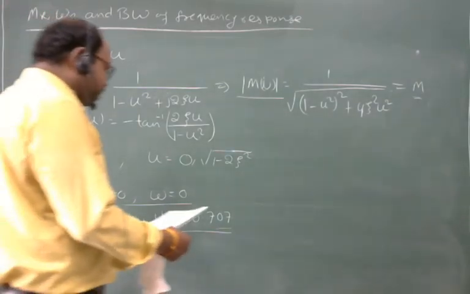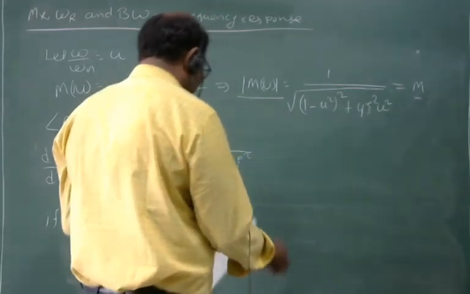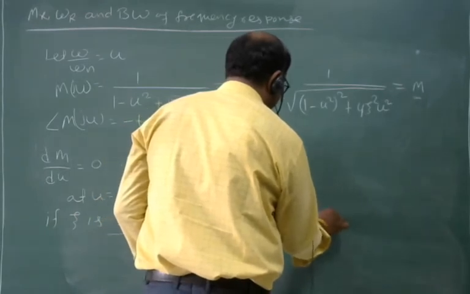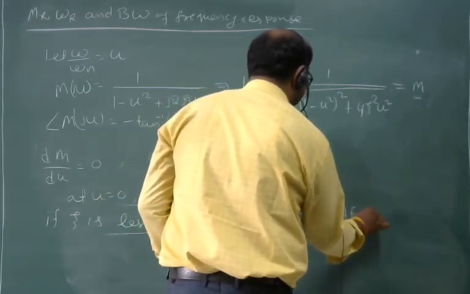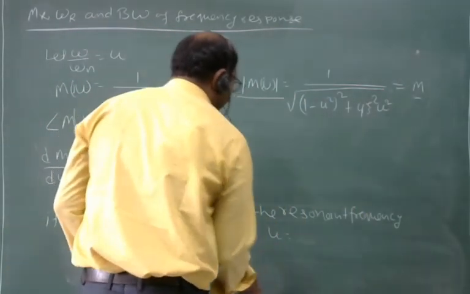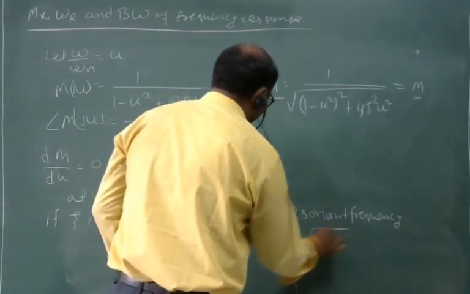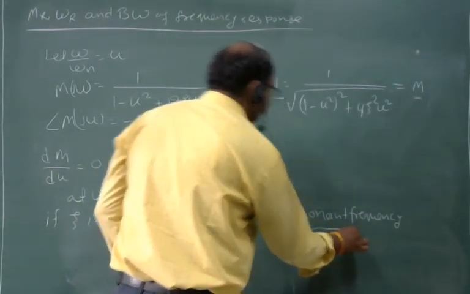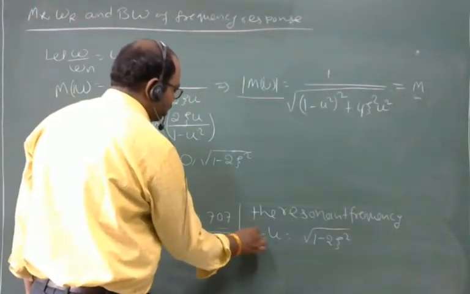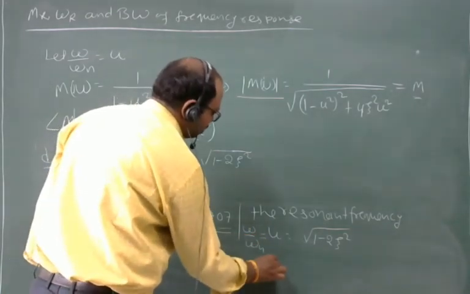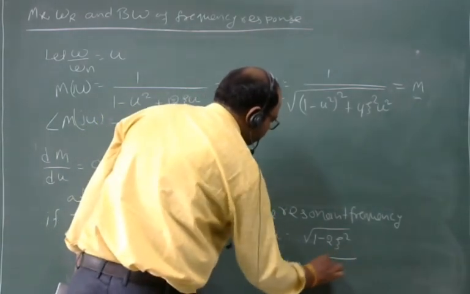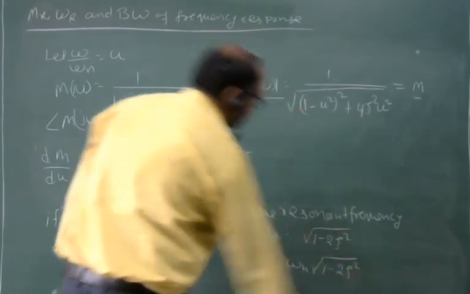So the resonant frequency becomes u is equal to under root 1 minus 2 zeta square, and u is equal to omega by omega n. So omega r becomes omega n under root 1 minus 2 zeta square.